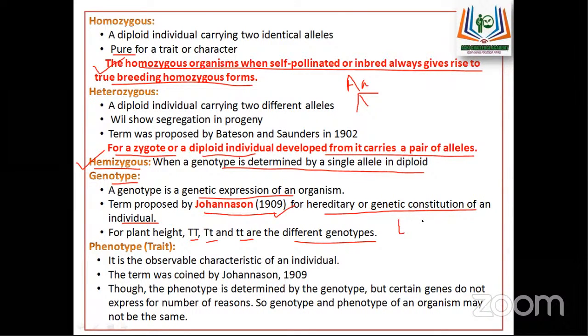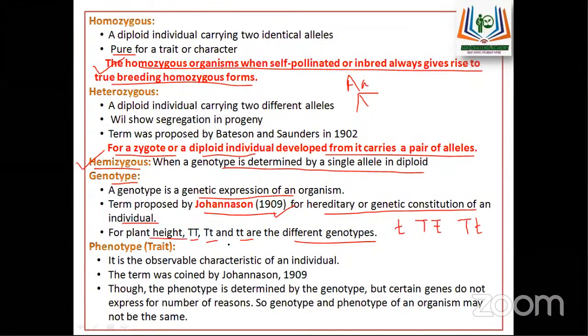If the individual is diploid, you will represent it as two alleles, because it carries two alleles. It can be anything, capital T capital T, capital T small t, anything. For plant height, the genotype is like this.